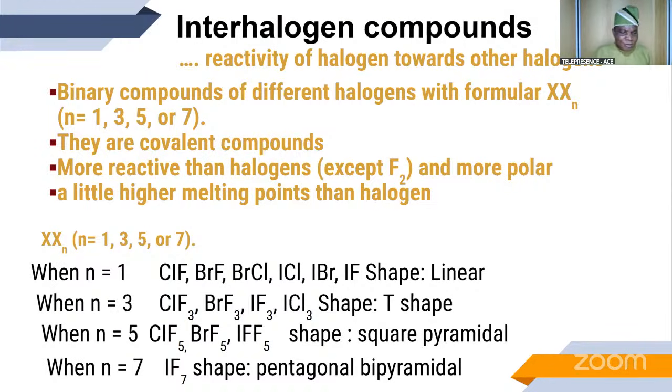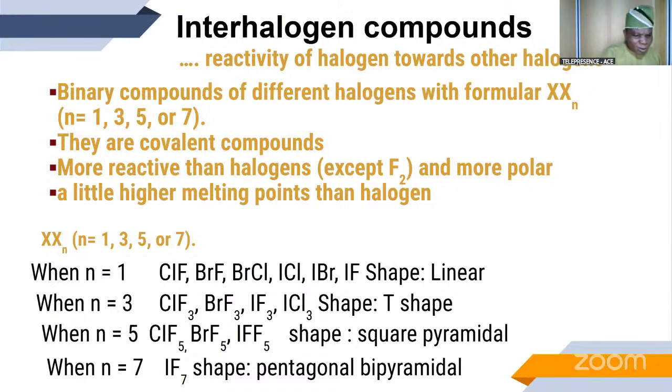You have a compound of fluorine and bromine. You have compounds of chlorine and bromine, and you have a compound of iodine and chlorine. So any halogen above the other halogen will definitely form a compound with the one below it.